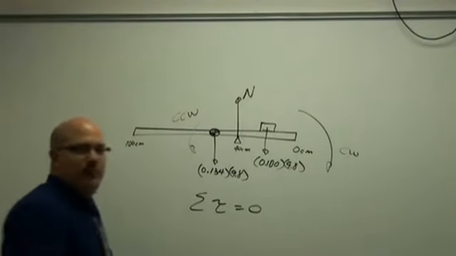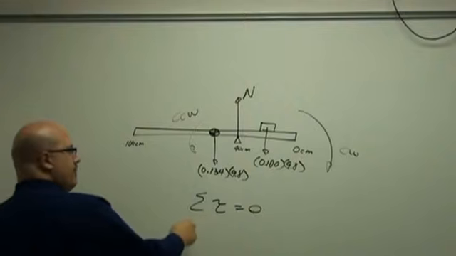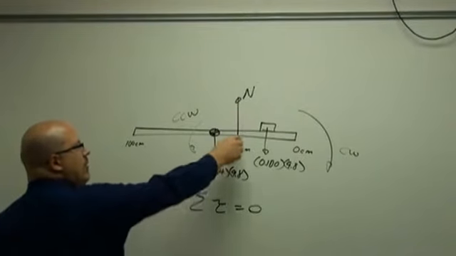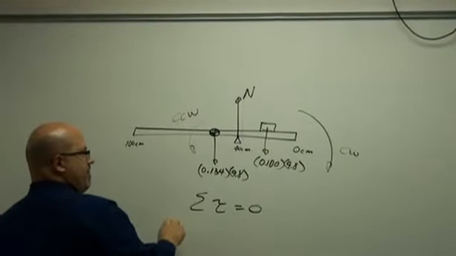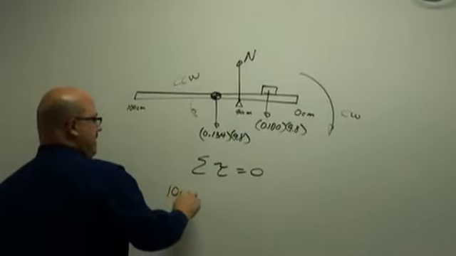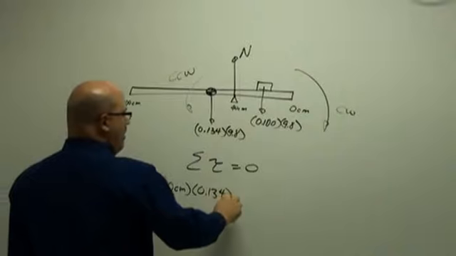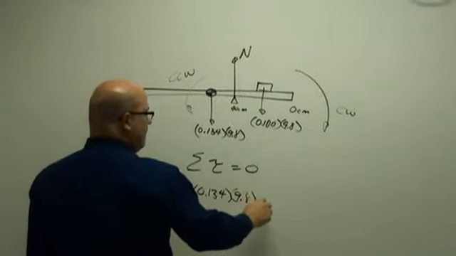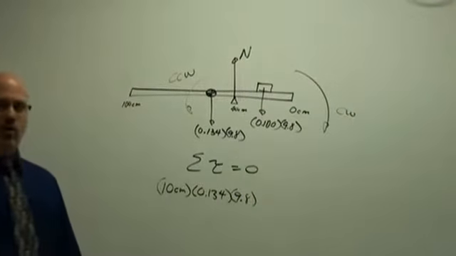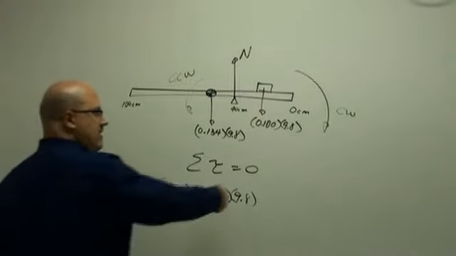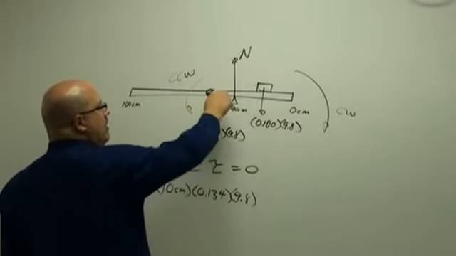They're both going to have a 9.8 in them. I'll put it in just to show you. All right, so what's my radius for this one? 10 centimeters. And the force is 0.134 times 9.8. And what about the angle? 90, so sine of 1, right? So we're good to go.